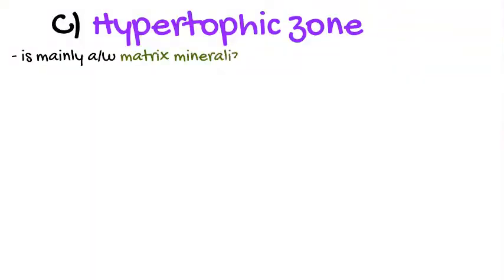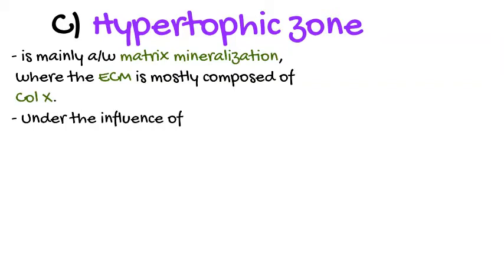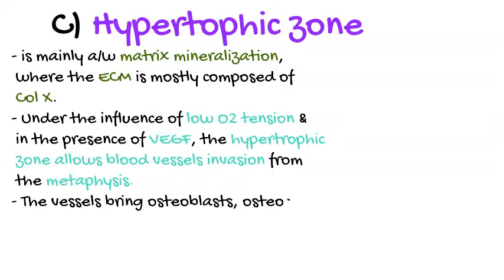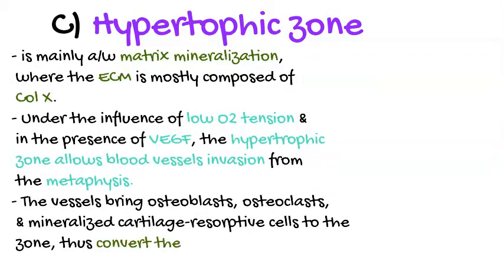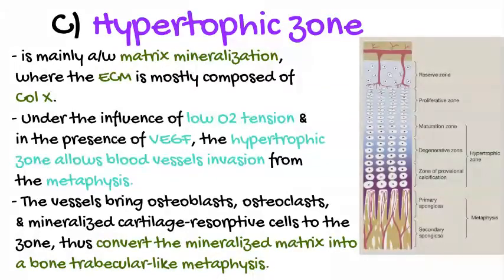The hypertrophic zone is mainly associated with matrix mineralization, where the ECM, extracellular matrix, is mostly composed of collagen 10. Under the influence of low oxygen tension and in the presence of VEGF, vascular endothelial growth factor, the hypertrophic zone allows blood vessel invasion from the metaphysis.